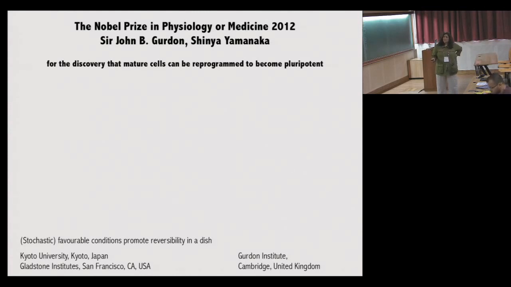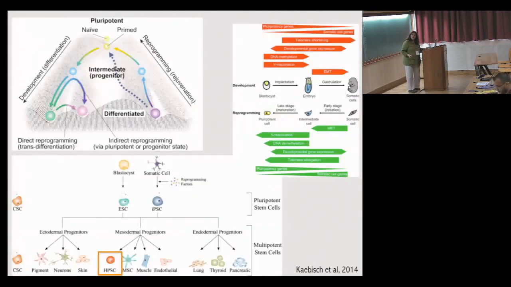People began to wonder if there was a magic cocktail of factors that allowed this to happen. Actually, in principle, there are many sets of factors which in combination can do this. And so it's really about multiple ways of getting back to that embryonic state that came out from work in a dish.